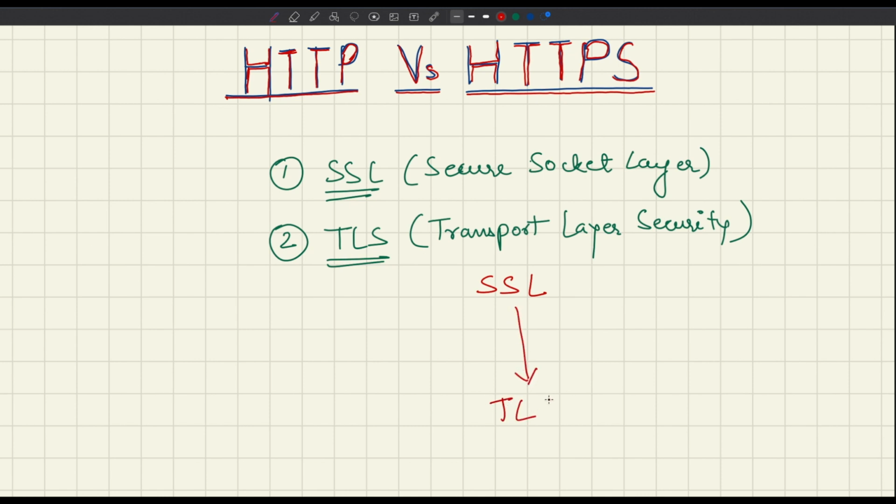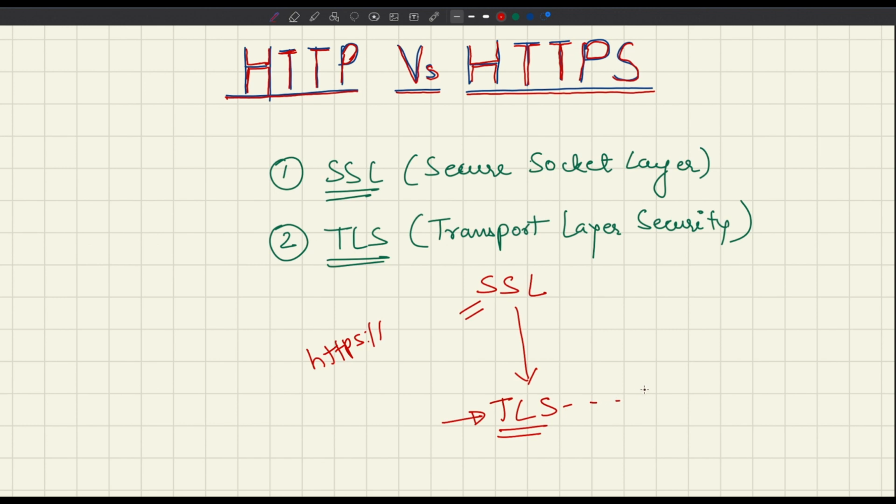TLS is the newer protocol, and this is what is being used across the internet. If you see any website using HTTPS, it is mostly implementing TLS rather than SSL. TLS is a significant improvement over SSL in terms of performance and security.